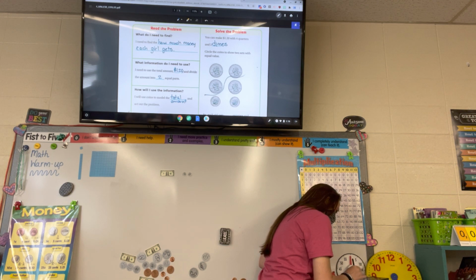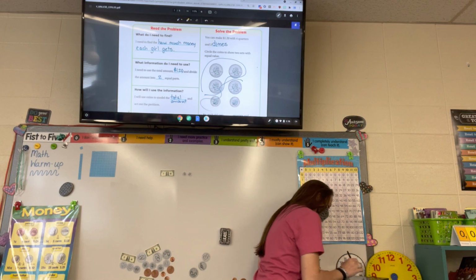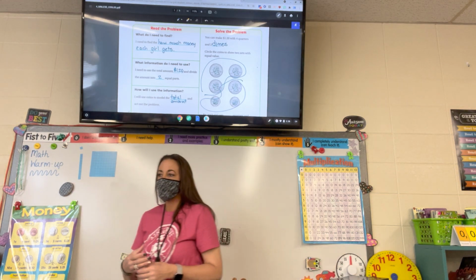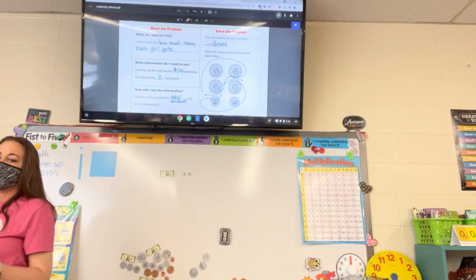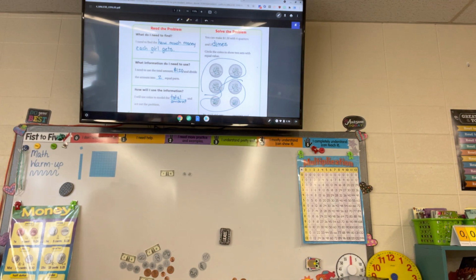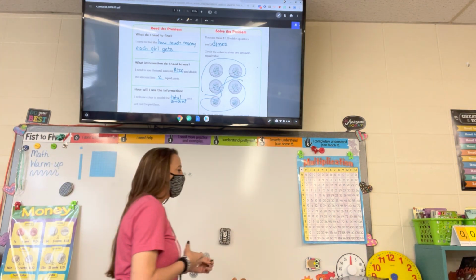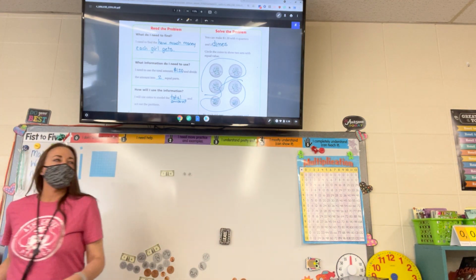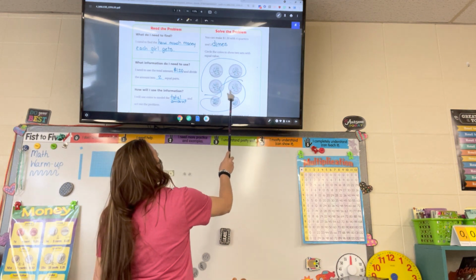Could I circle it like this? No. Why not? Because it says 4 quarters and 2 dimes. Well, it says circle the coins to show the two sets with equal value. Did I? But I've got 3 coins and 3 coins.